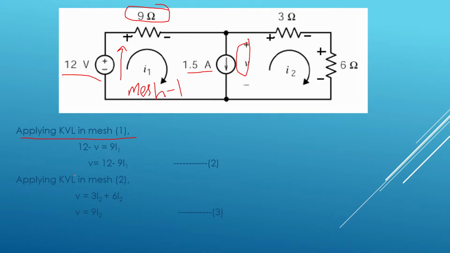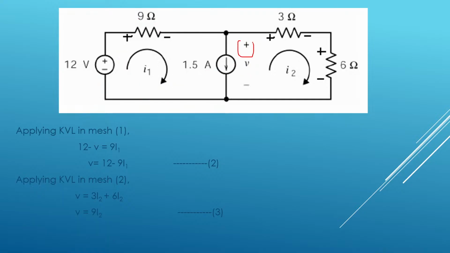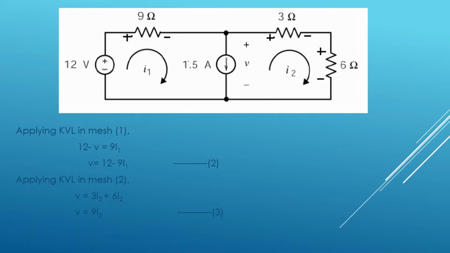These are just the assumptions of the voltage that we have assumed. We have assumed some voltage across this current source of 1.5 amperes, with the positive terminal up and the negative terminal at the bottom. Assumptions are always our wish, so in whichever direction we want, we can assume.